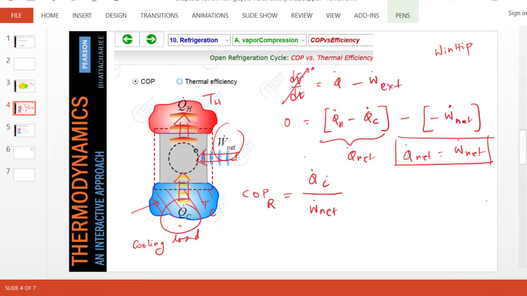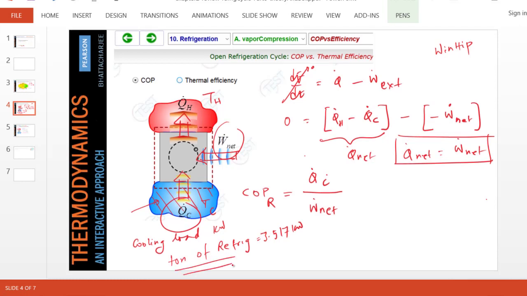So Q dot c is expressed in kilowatts, and sometimes a funny unit called a ton of refrigeration is used. A ton of refrigeration means about 3.517 kilowatts. A ton sounds weird, kind of like a light year not being a unit of time, but of distance.